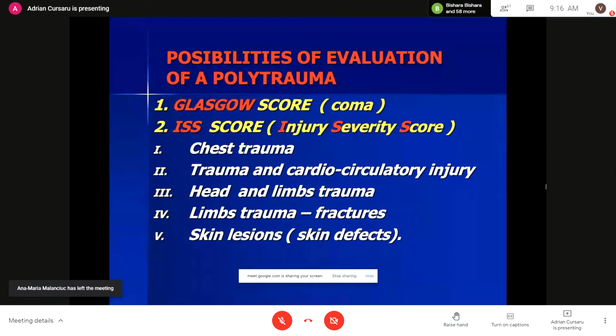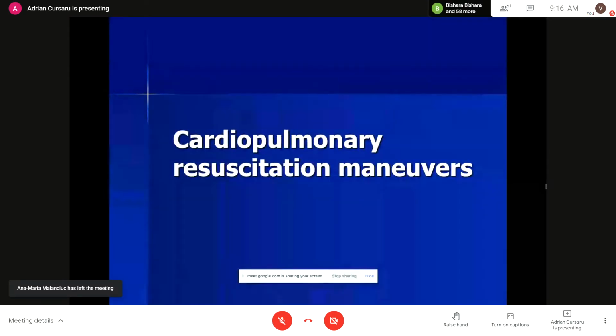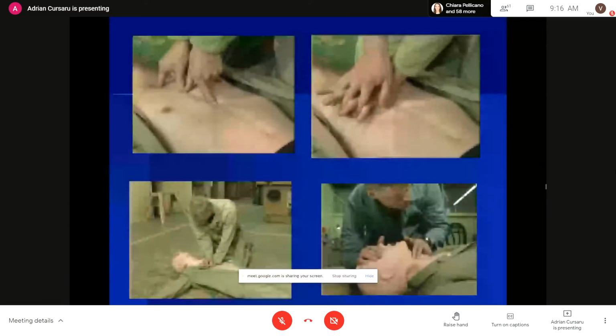patients. If we are talking about cardiopulmonary resuscitation, it is very important to know that ABC for resuscitation, and we can see in that picture the sternum, the point where we have to put our hands to make the cardiopulmonary resuscitation.